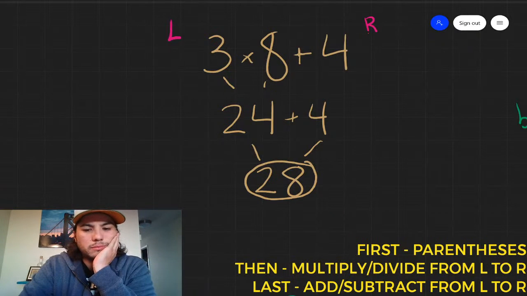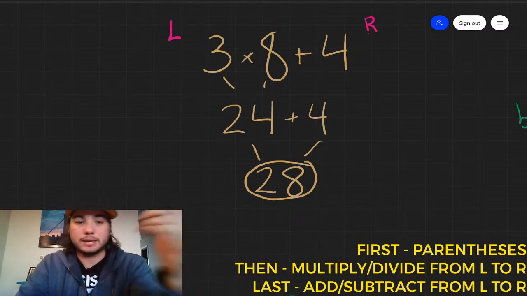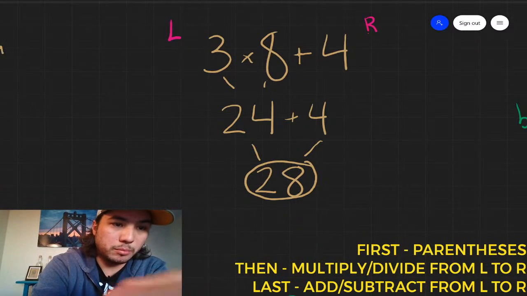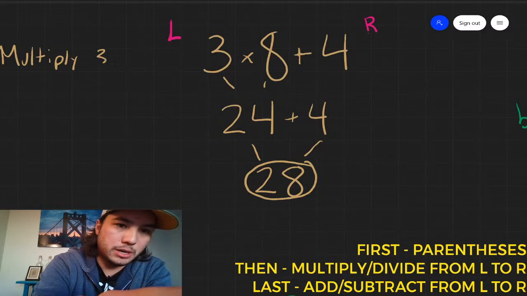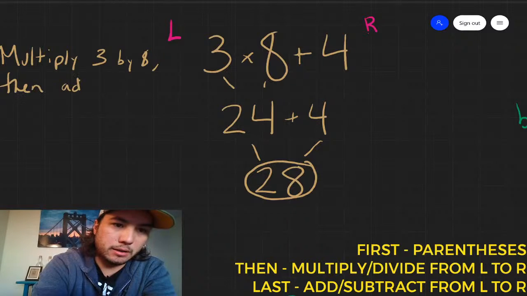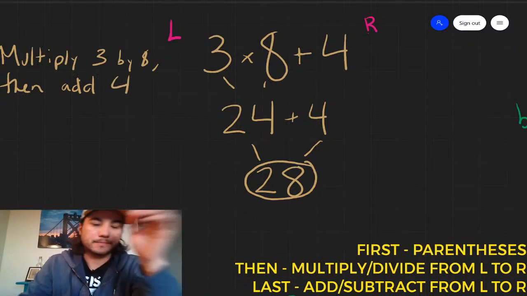If we were going to do 3 times 8 plus 4 as a computational sentence, what might we say? You might say something like this: multiply 3 by 8, then add 4, right?